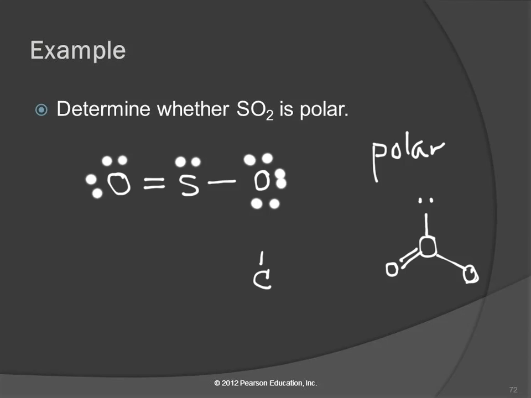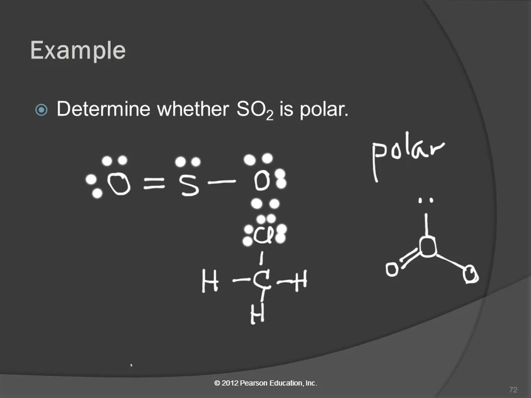Let's do one more. What about that guy? Are there lone pairs on the central atom? No. I guess I should probably put the lone pairs on this guy. He's got lone pairs, but we don't care about those.